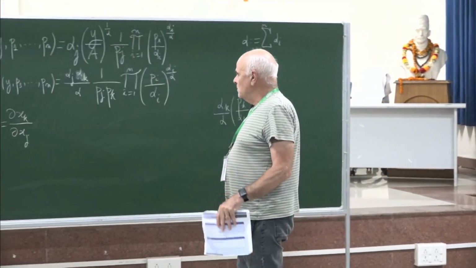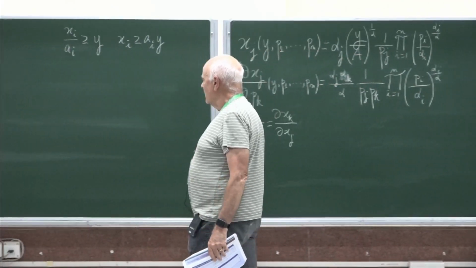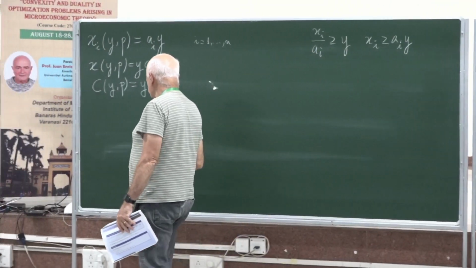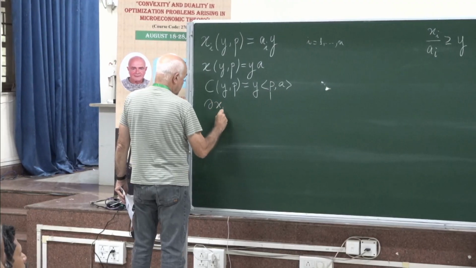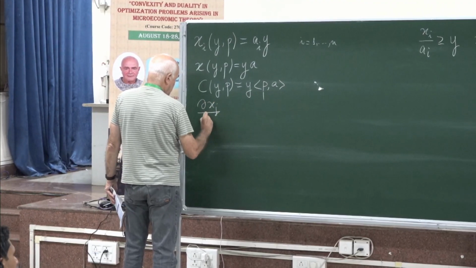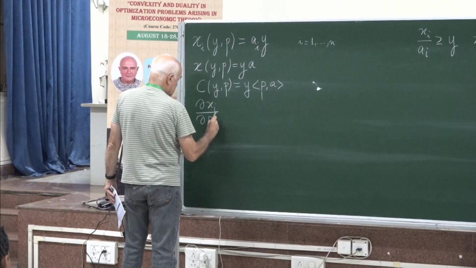Then what about the partial derivative of x_j with respect to its own price?